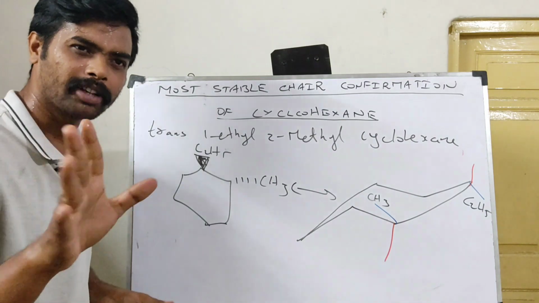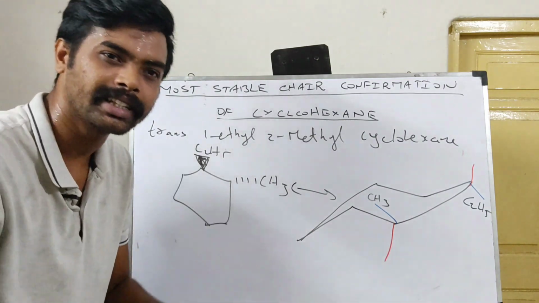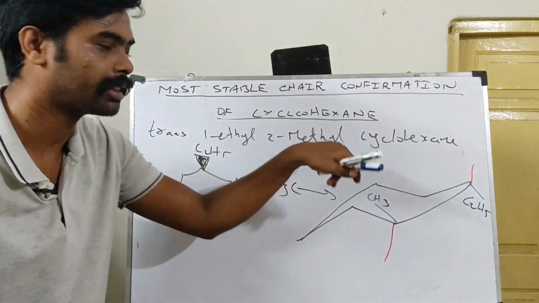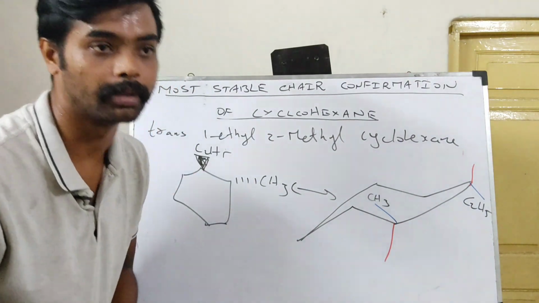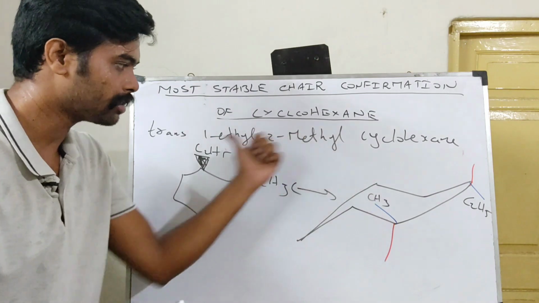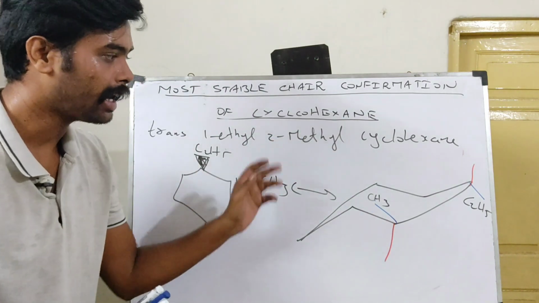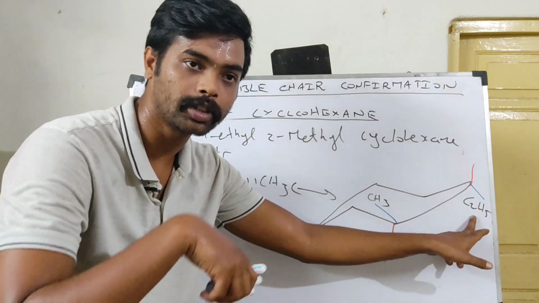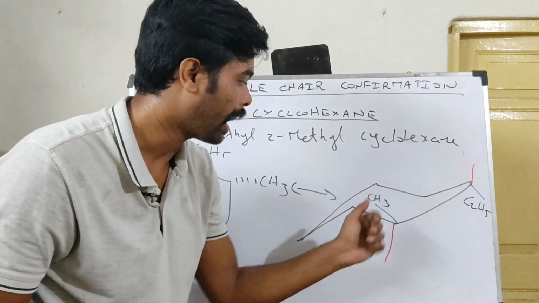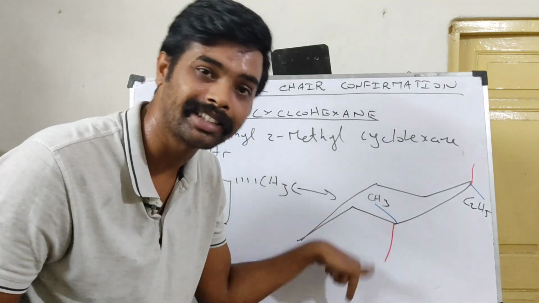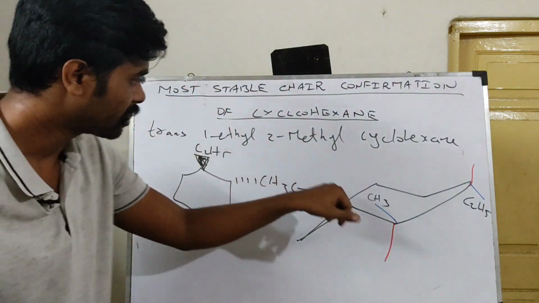Now let me ask you a question. Out of cis 1 ethyl 2 methyl cyclohexane and its trans form, which is going to become more stable? In the previous pictures you would have seen that in the cis form, C2H5 is in the equatorial position and CH3 was in the axial position. But if you look at trans, see what happened.